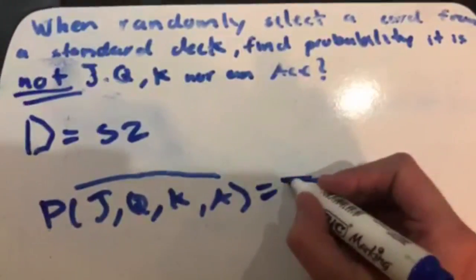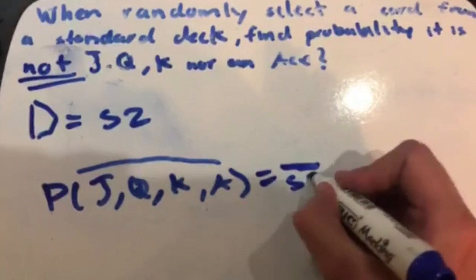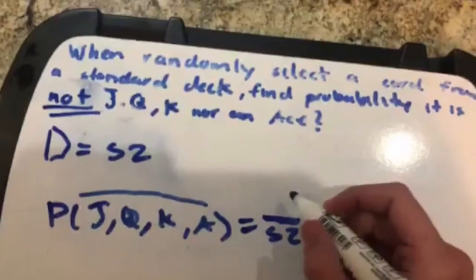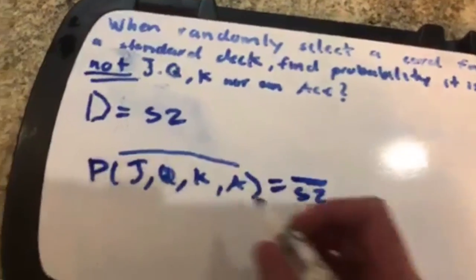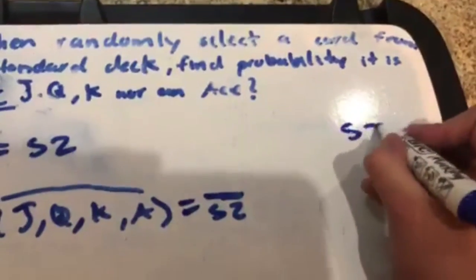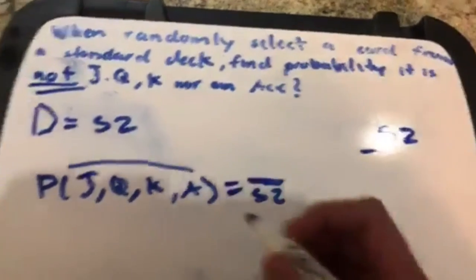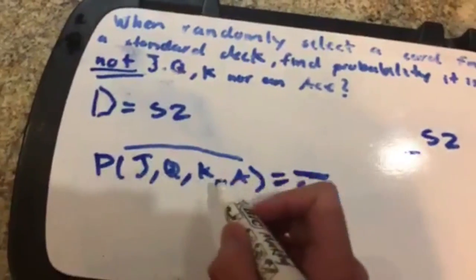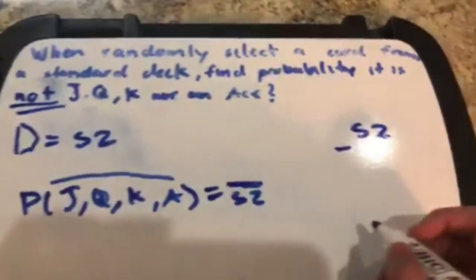It will be a fraction; at the denominator goes the sample space, which is 52, and at the numerator we need to put the difference of this, which means it's 52 minus all the cards that are on the deck.